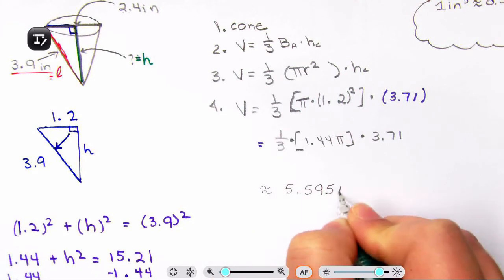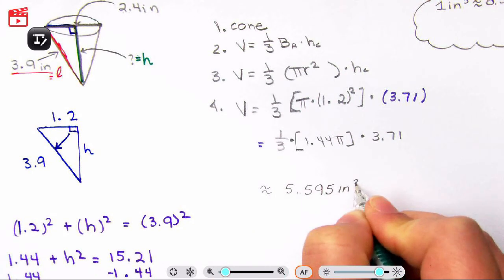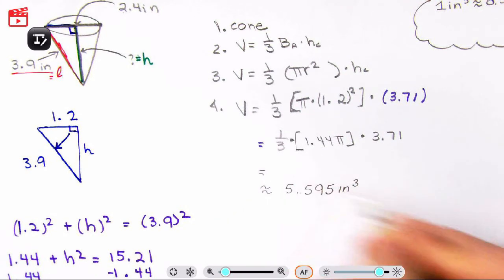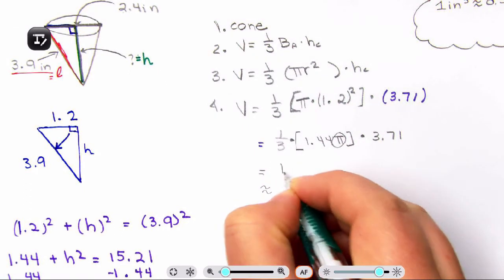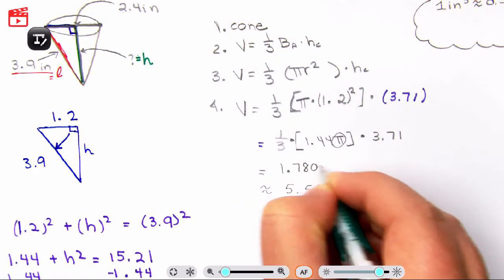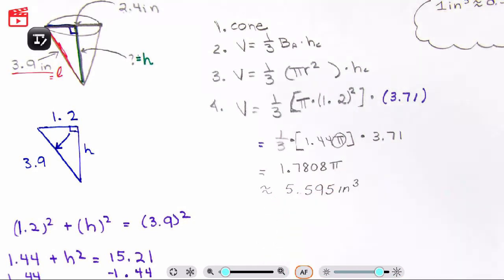And what do we have? We have inches cubed. Now, if you want an exact answer, don't multiply pi in. Do 1/3 times 1.44 times 3.71 and you get 1.7808, and then we throw on the pi afterwards. So if you type that in and multiply by pi, you're going to get exactly the same thing.